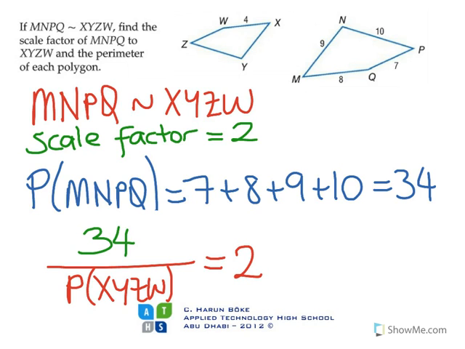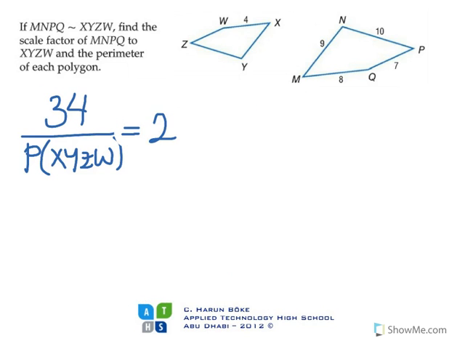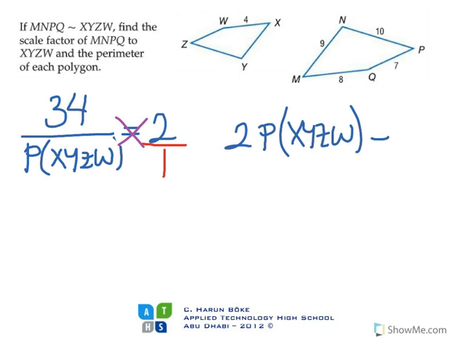So let's see how. Actually 2 means 2 over 1. So we can cross multiply and say that 2 times the perimeter of XYZW is 34 times 1, which is 34.